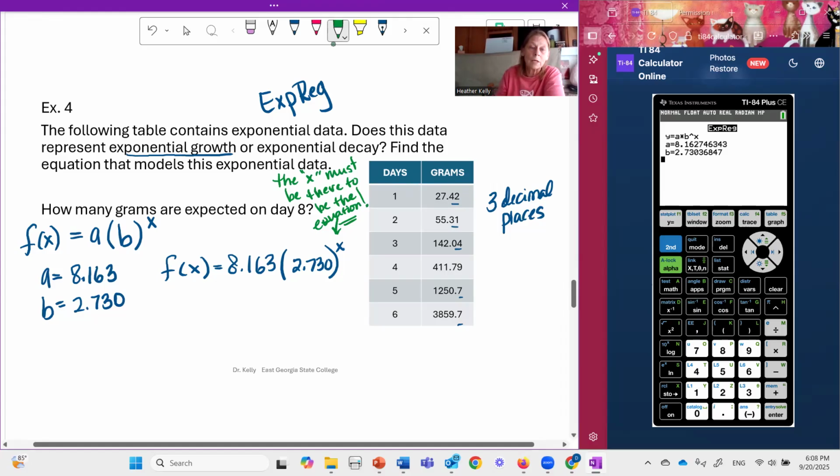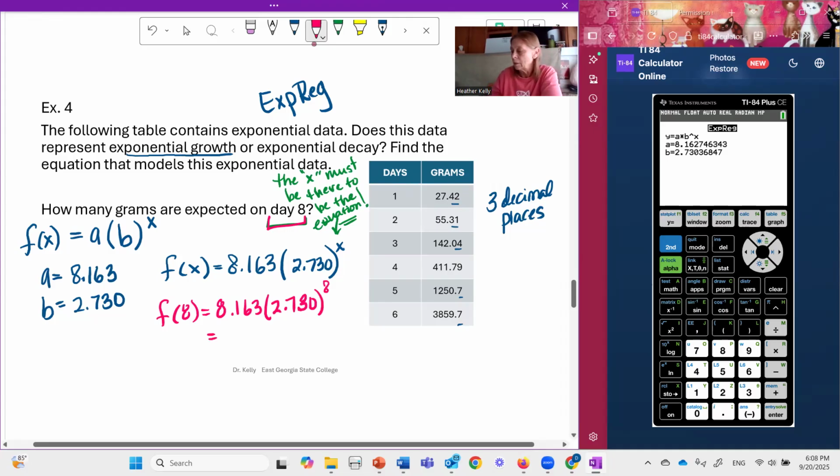So this is the equation, and then it asks, how many grams are expected on day 8? So that would be F of 8 because we were counting in days, and that was going to be our 8.163 times 2.730 to the 8th power.